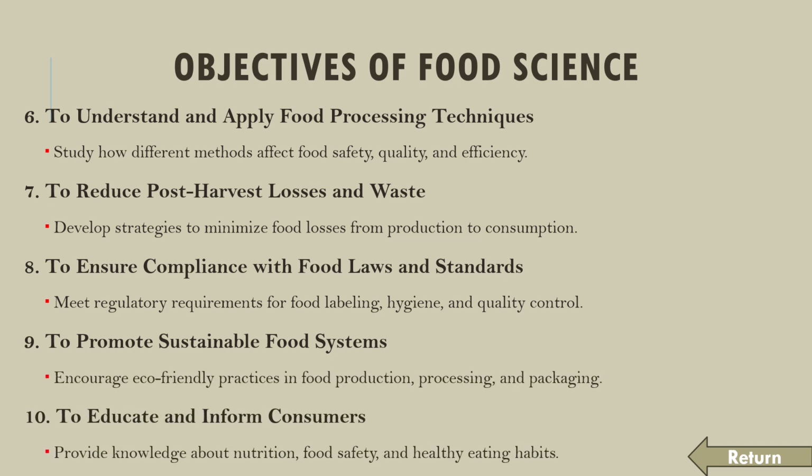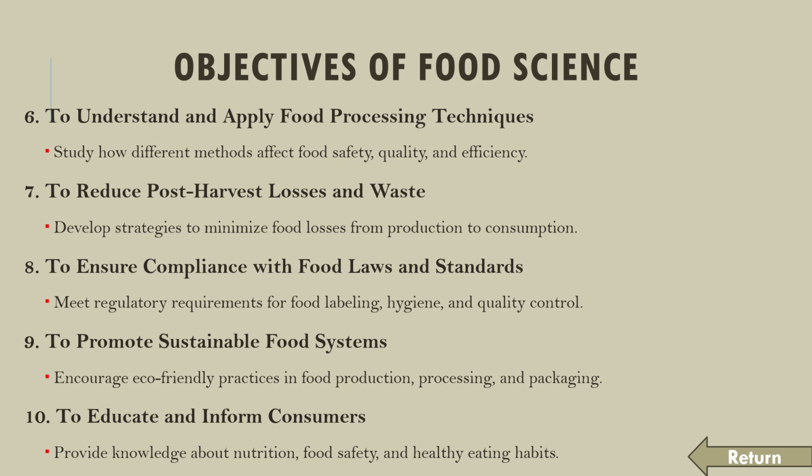Objectives of Food Science, Part 2. Continuing further, here are some more objectives. 6. To apply food processing techniques, understanding how different methods affect safety, quality, and efficiency. 7. To reduce post-harvest losses, finding ways to minimize waste from farm to plate. 8.